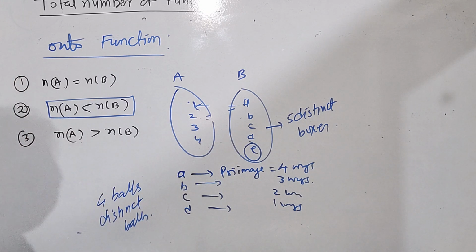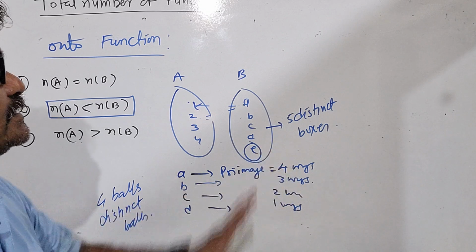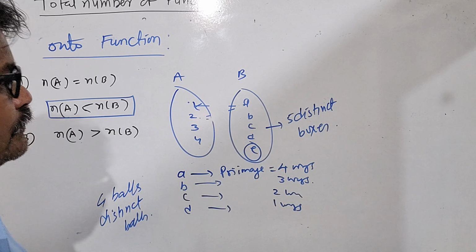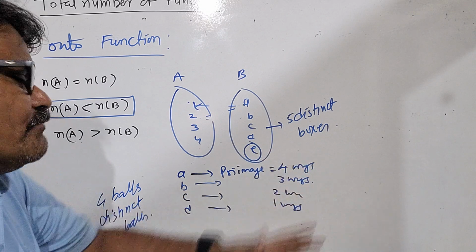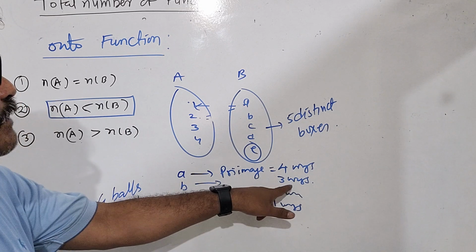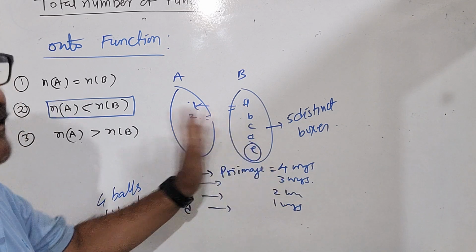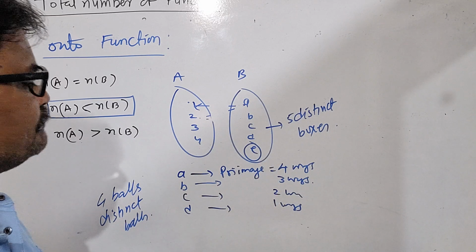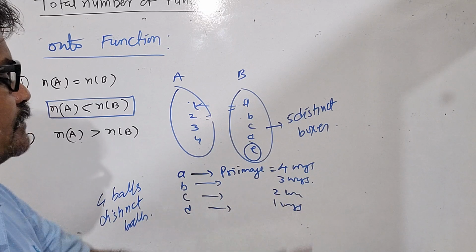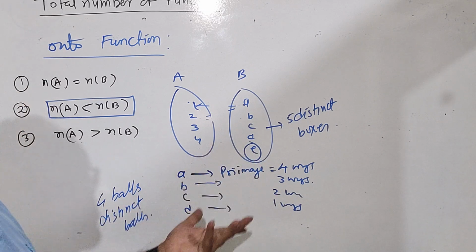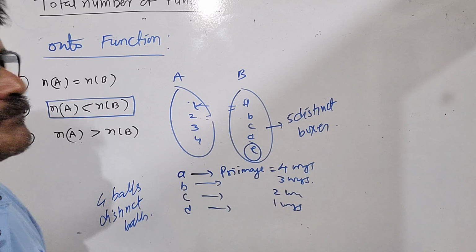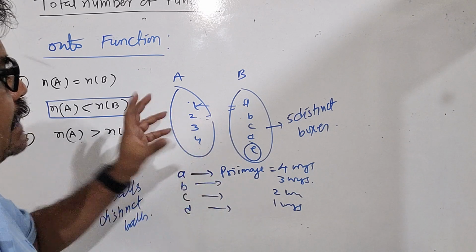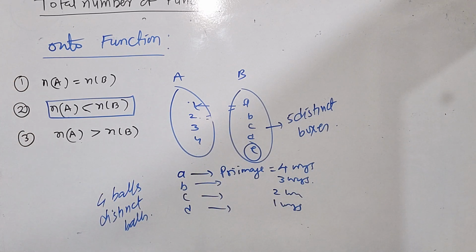So therefore, A can take pre-image in 4 ways. B can have the pre-image in 3 ways. Similarly, C can have the pre-image in 2 ways. D can have the pre-image in 1 way. But E के लिए कोई element नहीं बचेगा. And therefore, the onto functions over here is 0.